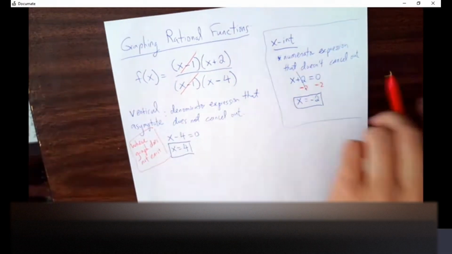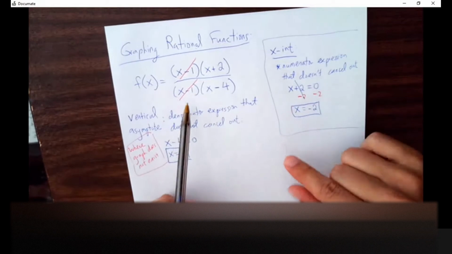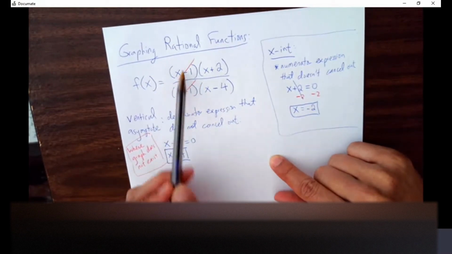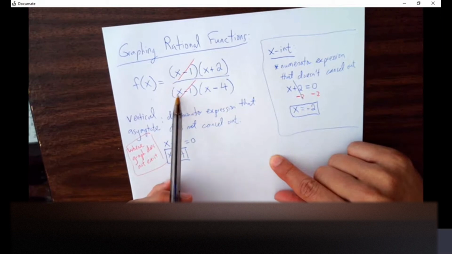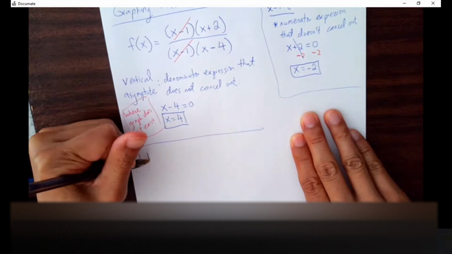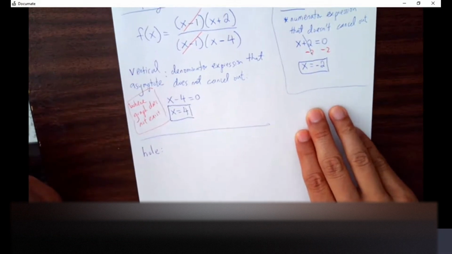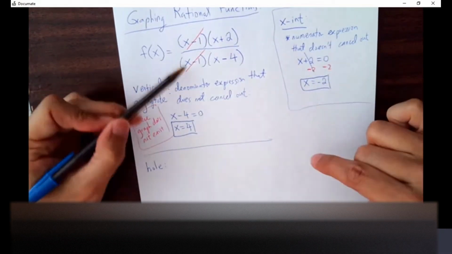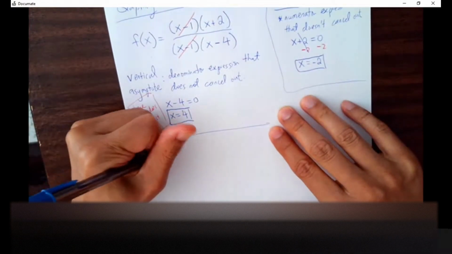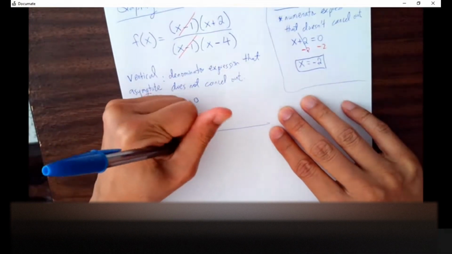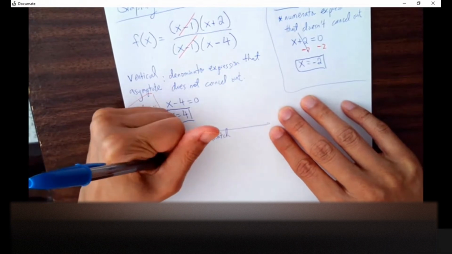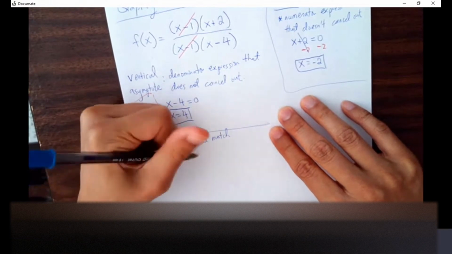Okay, and then we have two more categories. Next one is we're going to deal with this x minus 1. Okay, this cancels out, but there's something special about this, and we call this a hole in the graph. So the hole comes from factors that match and cancel out.